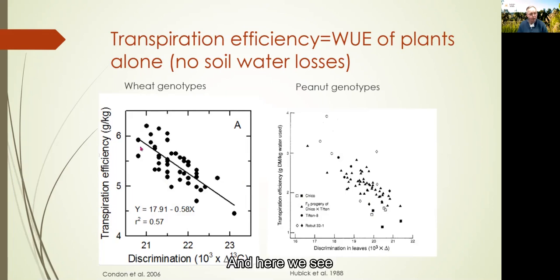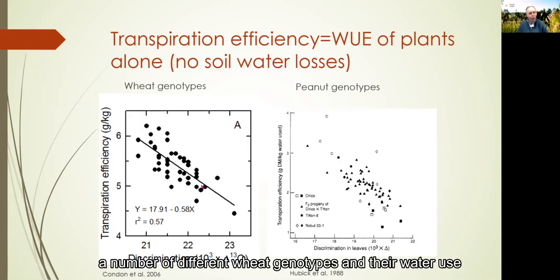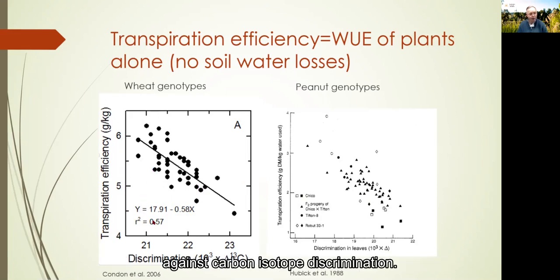And here we see a number of different wheat genotypes and their water use efficiency or transpiration efficiencies plots negatively against carbon isotope discrimination.